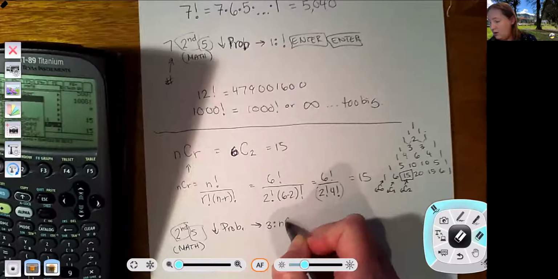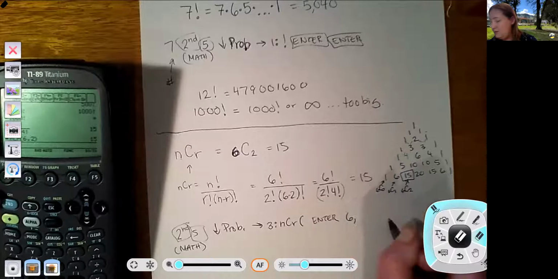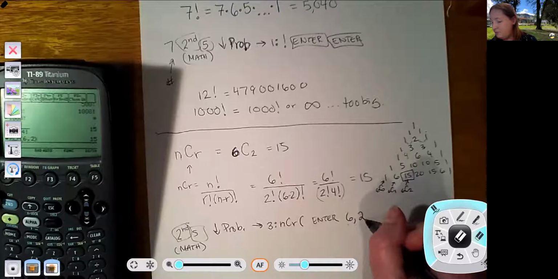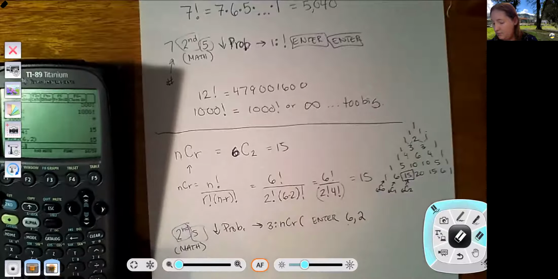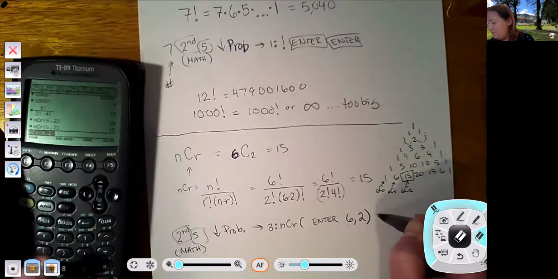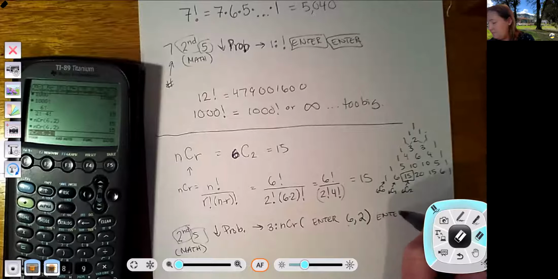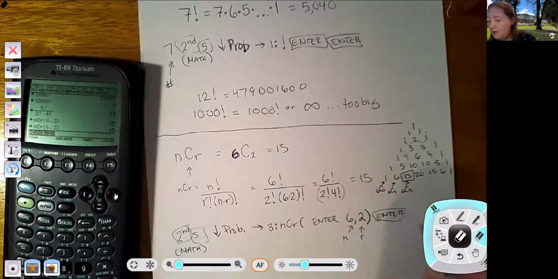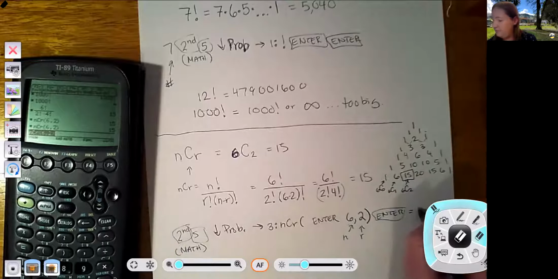Hit enter to select it. Type in your n value, comma, your r value, and parentheses, and enter. And you will get 15.